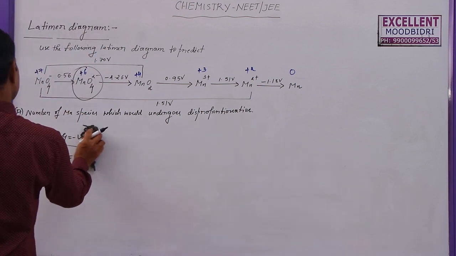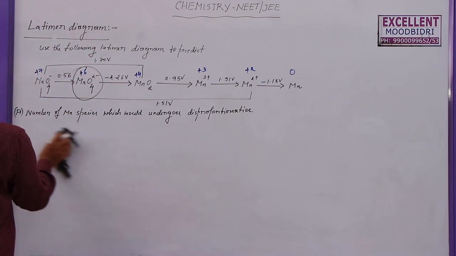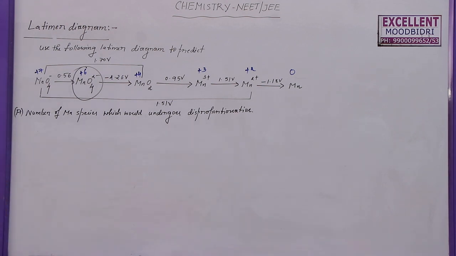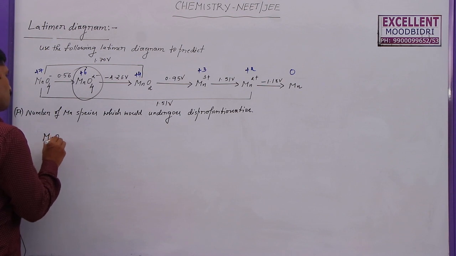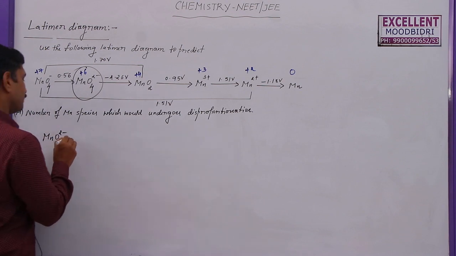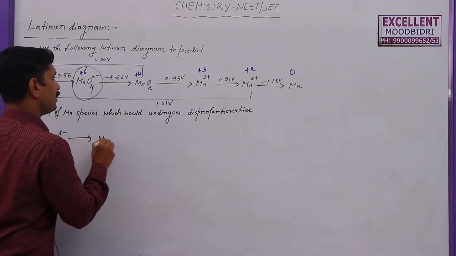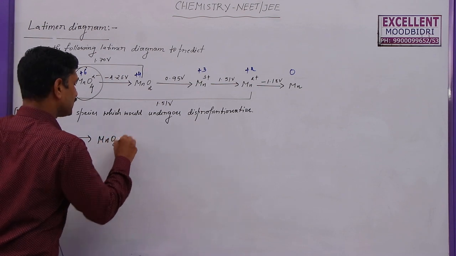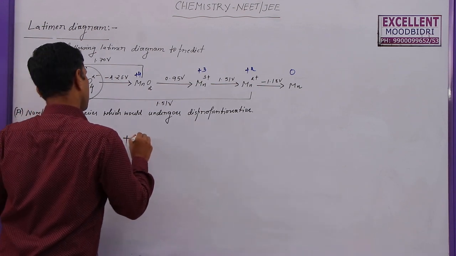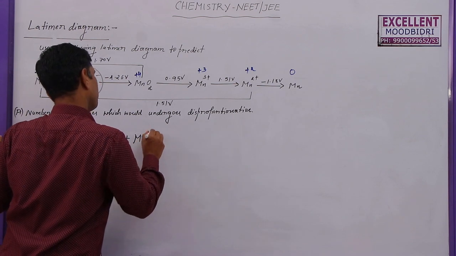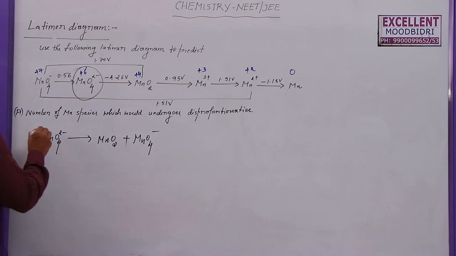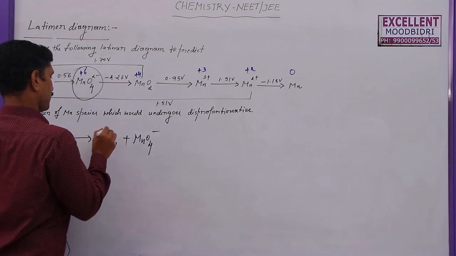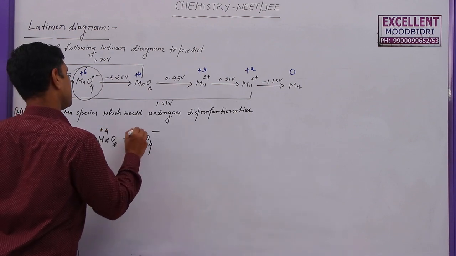So now I can write the equations separately, oxidation reaction and reduction reaction. Here MnO4 2 minus changes to MnO2 plus MnO4 minus. There are two types of reactions possible. Here the oxidation state is +7, here for MnO2 it is +4, here +6.